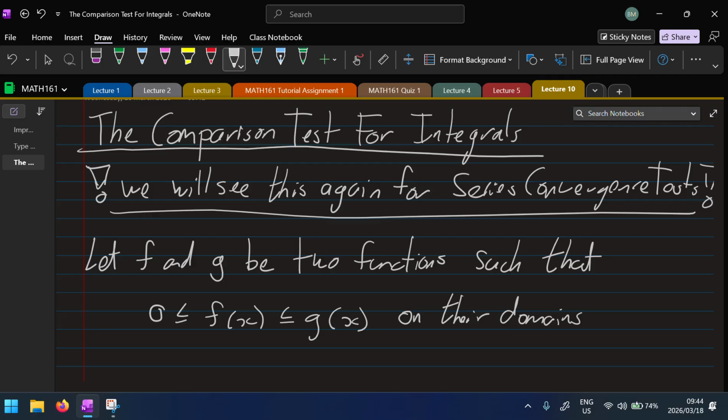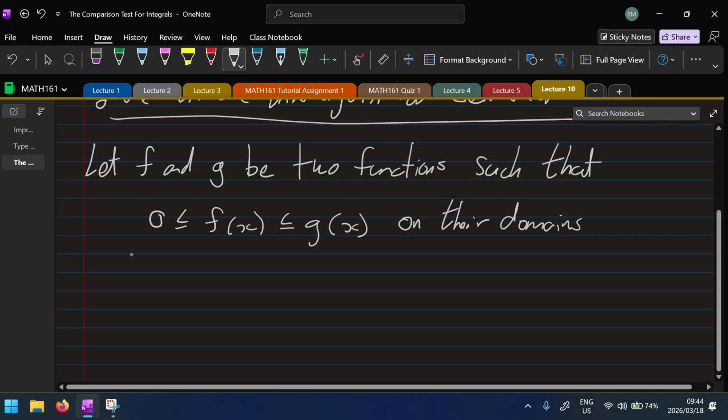Okay, so they must both be positive, and g is larger than f. Okay, but they have to be positive. That's very important.